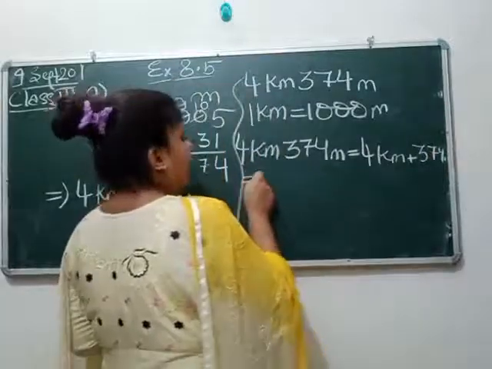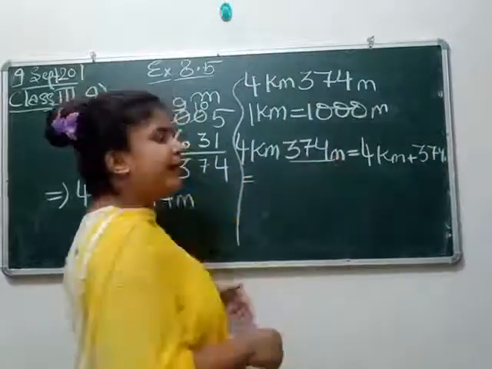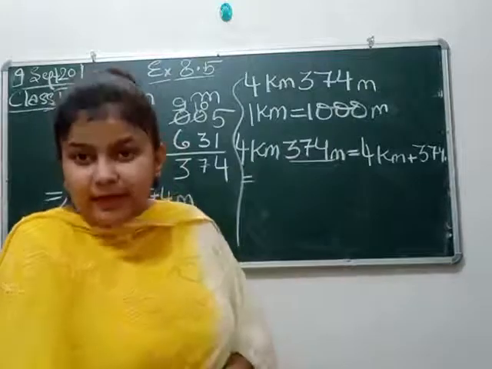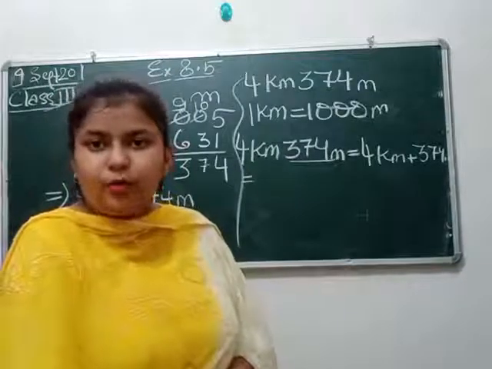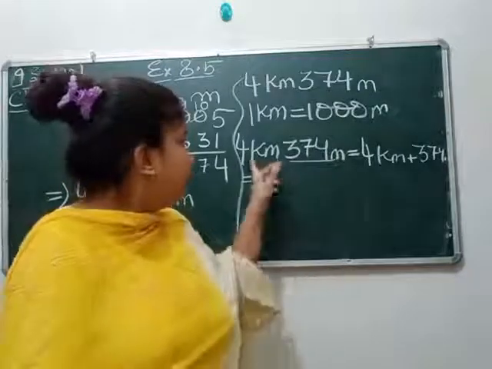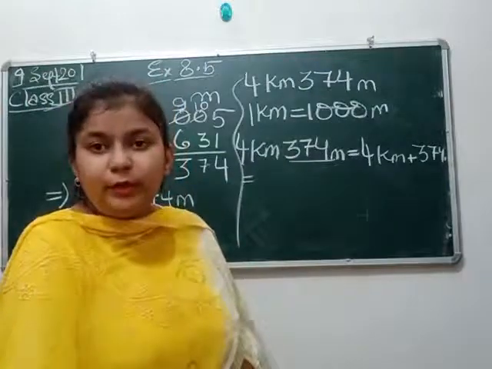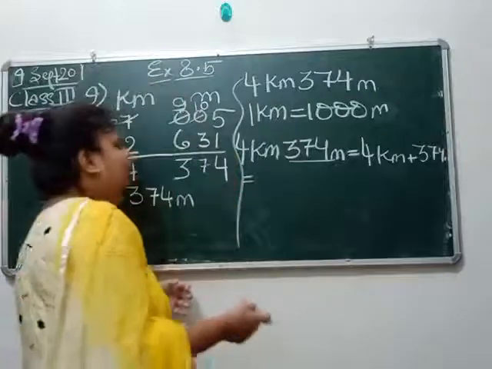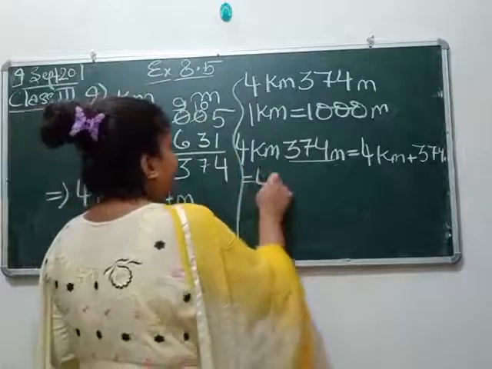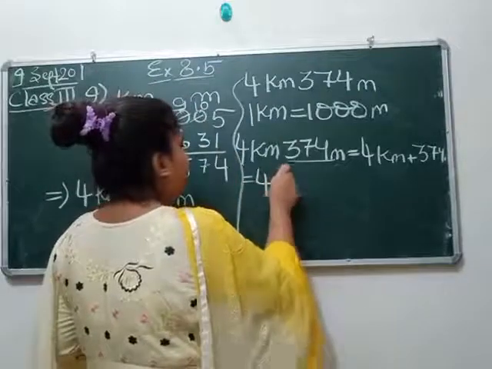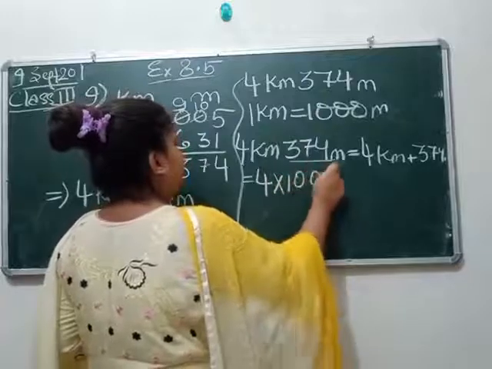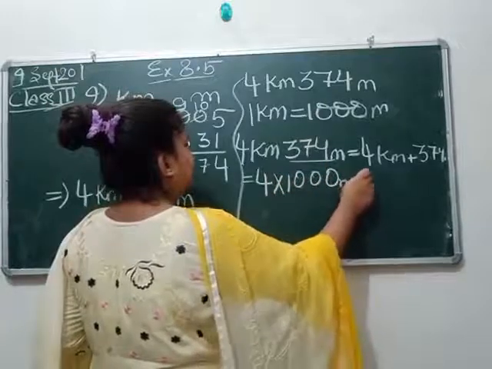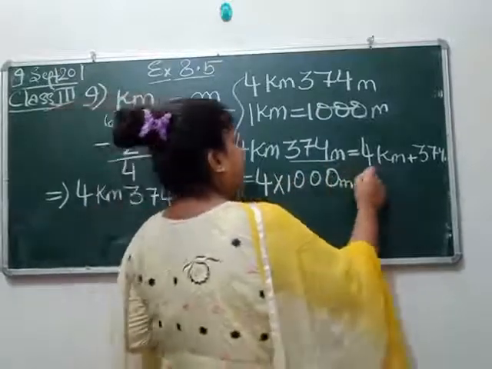Now, 374 is already in meter. So what will we do? We will just convert the 4 kilometer. Converting 4 kilometer, we get 4 into 1000 meter plus 374 meter.